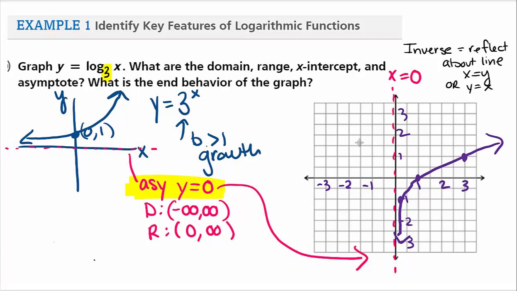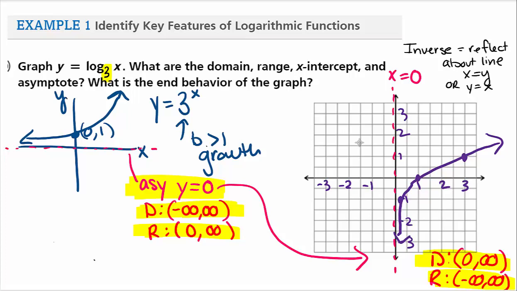That also means that our domain and range are going to flip-flop as well. Our domain for our logarithm, notice, is now positive values greater than 0, and our range is all real numbers. So if you look at this, our original domain has become our range, and our original range has become our domain. And again, that's all because our x and our y values have reversed because they're inverses of each other.